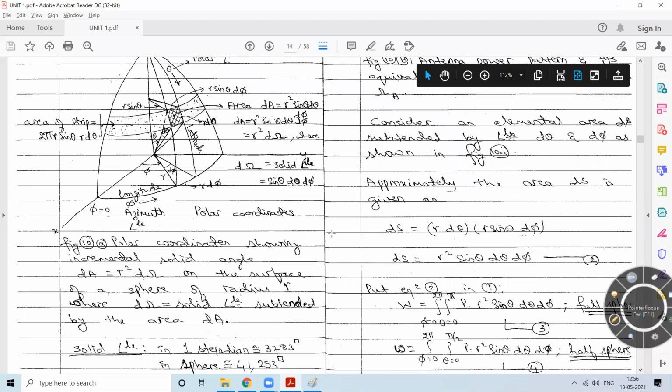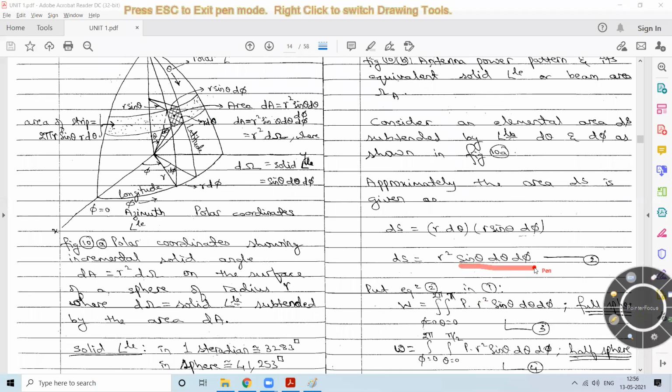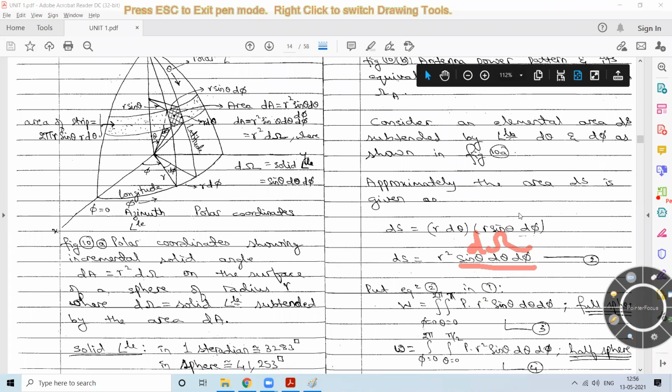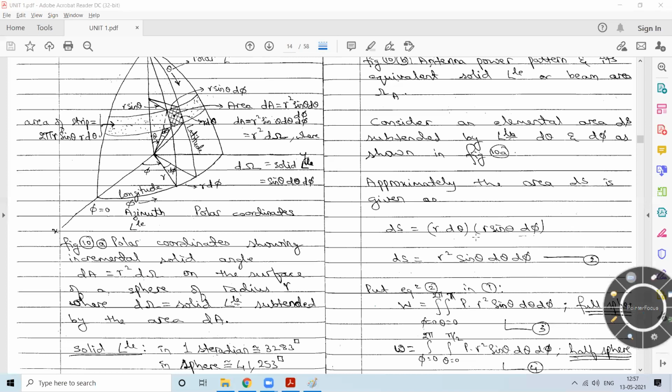This one is sometimes represented by d omega, which is called the elemental solid angle. And this angle is actually subtended by the radiation which is being emitted by the antenna. So that is the information it gives. So sine theta d phi is actually equivalent to d omega, which is the elemental solid angle.